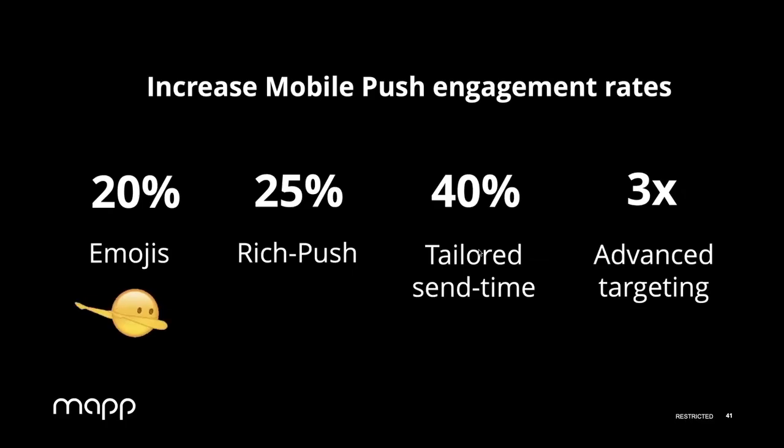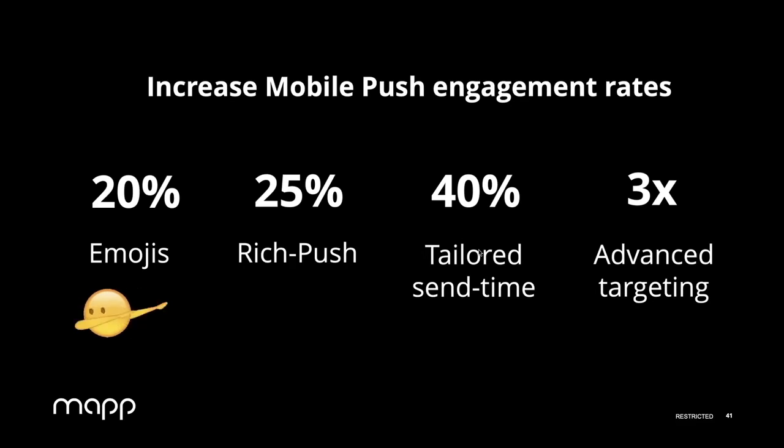So why is rich push so important in marketing? Well, if you add emojis, you can get up to a 20% increase in engagement rates. If you tailor the send time for individuals, you get 40%. If you use advanced targeting, it's three times the increase in engagement. And with rich push, you get an extra 25%.